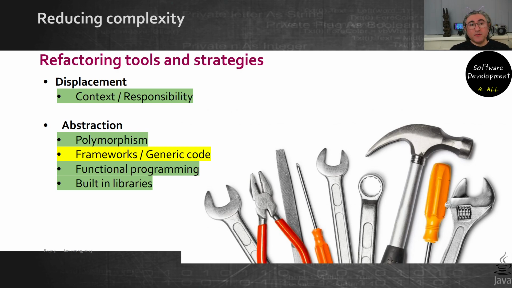And we talked about abstraction and different strategies for that. So we talked about polymorphism, done some examples there, and functional programming and built-in libraries. And today our focus will be a bit different.